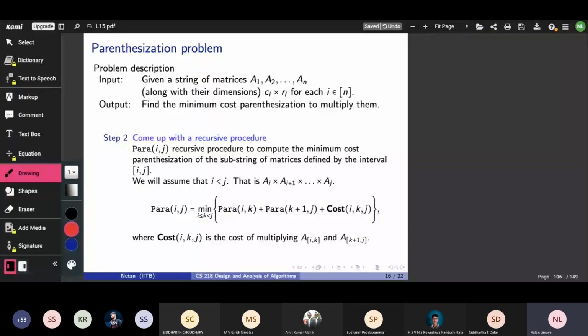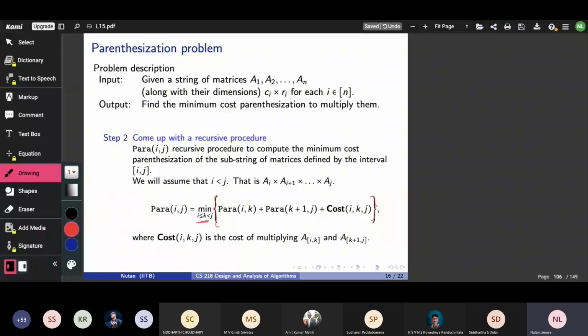But now, because I don't know what the optimal k is going to be, I'll have to take a minimum over all possible choices of k. So this is not a single recursive call to a specific k value. This requires you to have access to all para values for k between i and j.